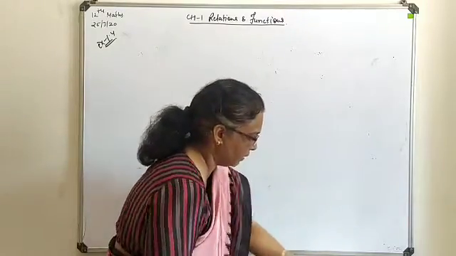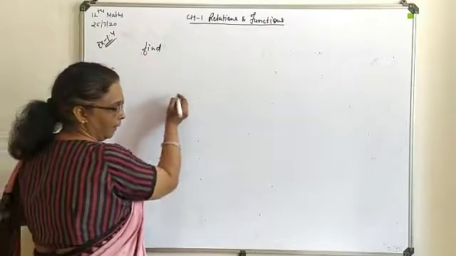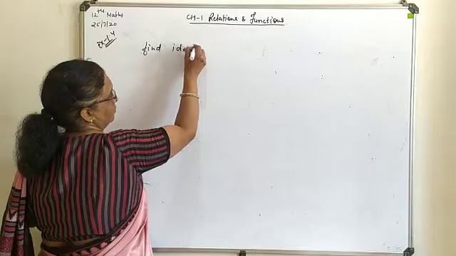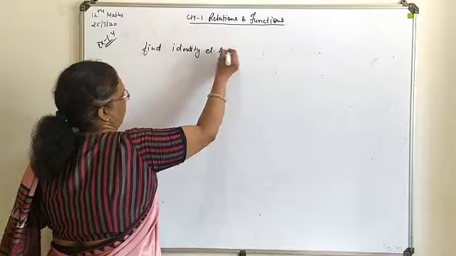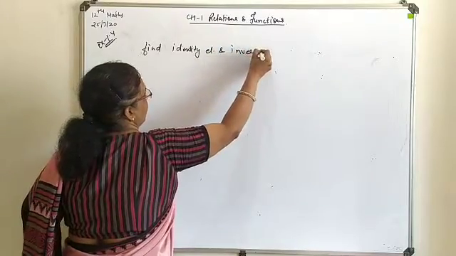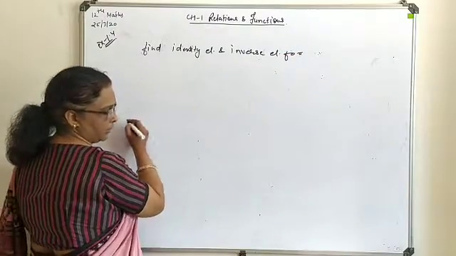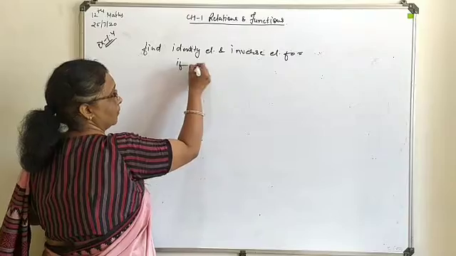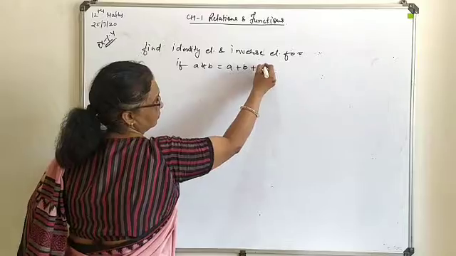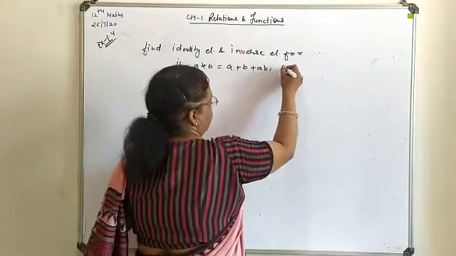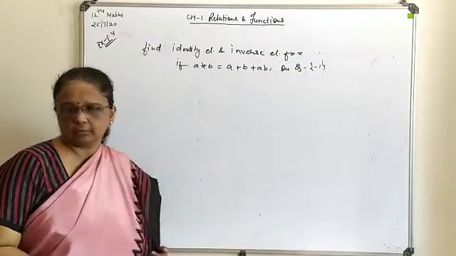Now here one question is given: find the identity element and inverse element for a binary operation which is given this way, and it is defined on Q in which -1 we have to cut it down.